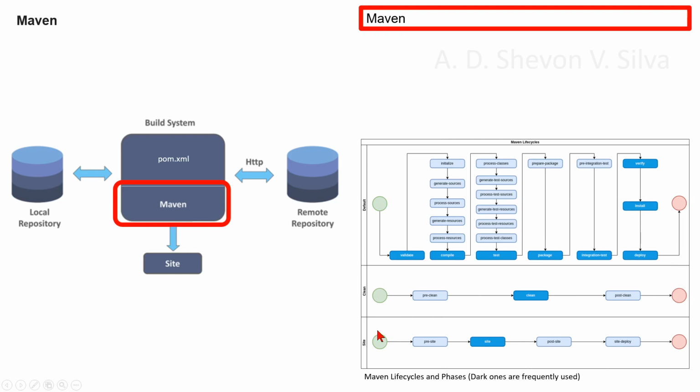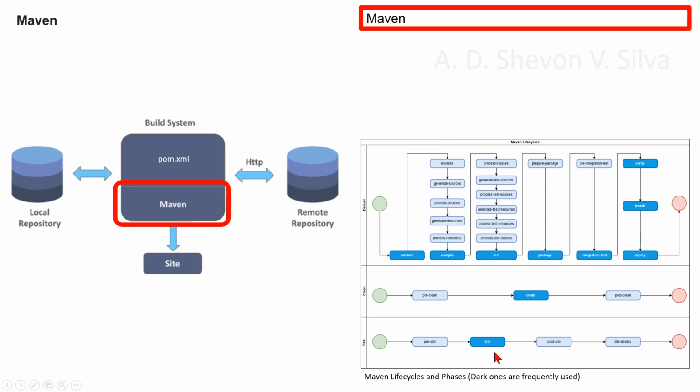Here is the site life cycle. The phases are here. Pre-site: execute processes needed prior to the actual project site generation. Site: generate the project site documentation.